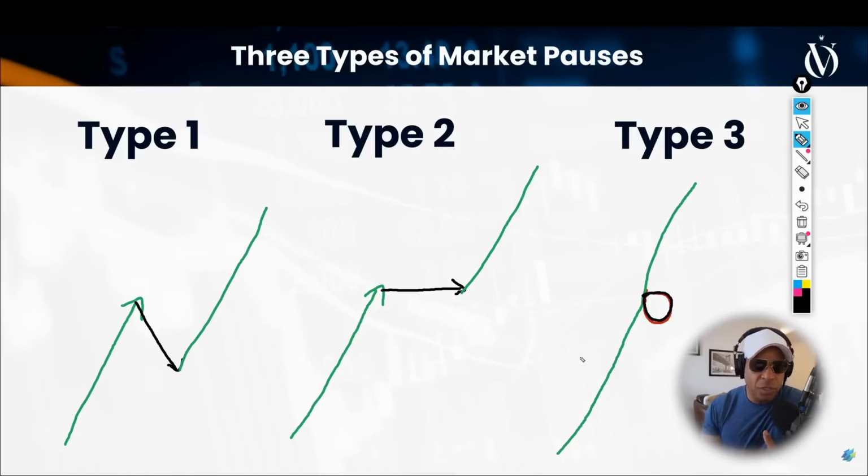The bump into someone that was walking slow in front of them interrupted the flow a little bit, but didn't stop the subsequent movement to the upside. And so these are your 3 different types of pauses.